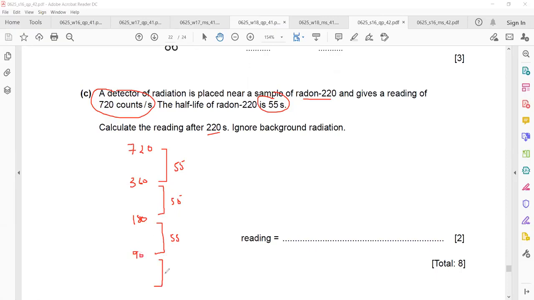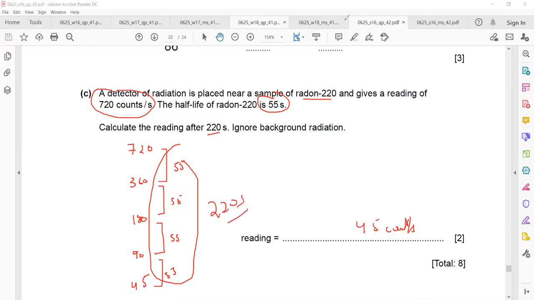And after another 55 seconds, it will be 45. So we'll get 45 counts, or counts per second, which is a unit for the radiation, so it will be counts per second. Because this total interval will be 220 seconds.